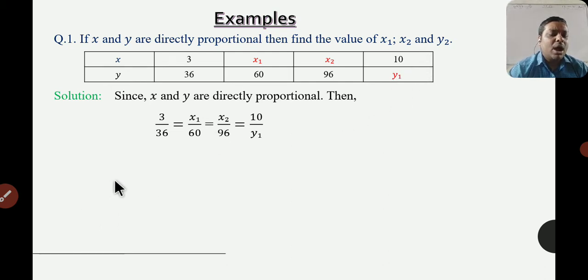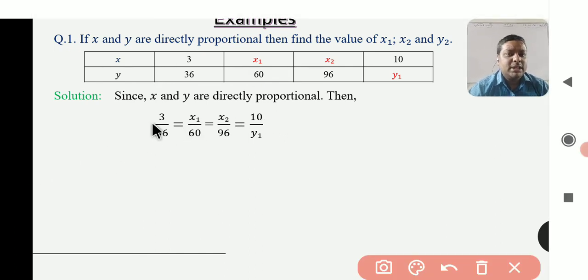Now how can we find the missing numbers? Here in 3 by 36, both numerator and denominator are given, but in the others either the numerator or the denominator is not given. All the ratios are equal, as the equal sign is already given, so we can take the first one with the second one.